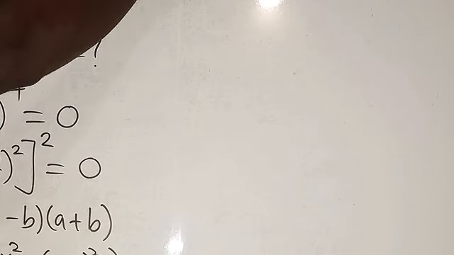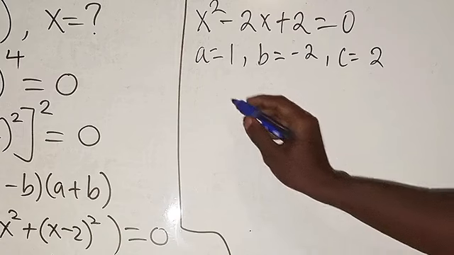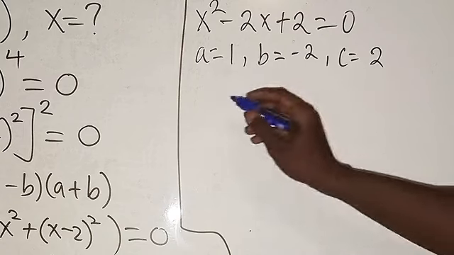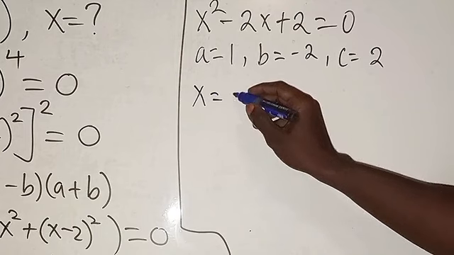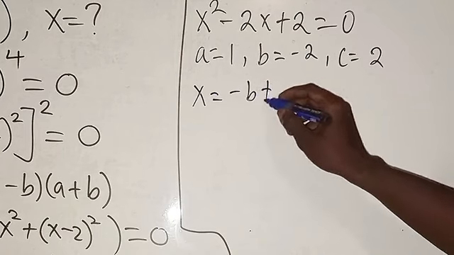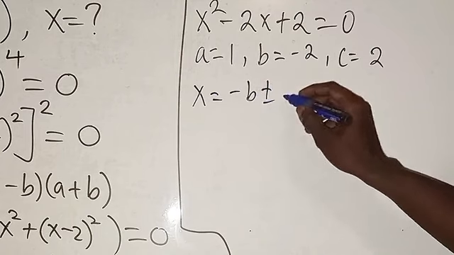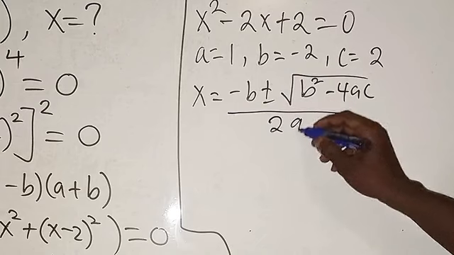So we are going to solve this. Now by the quadratic formula, a is the coefficient of x squared, we have 1. b is minus 2, and c is 2. So now from there, a equals 1, b equals minus 2, c equals 2. x equals minus b plus or minus the square root of b squared minus 4ac, divided by 2a.